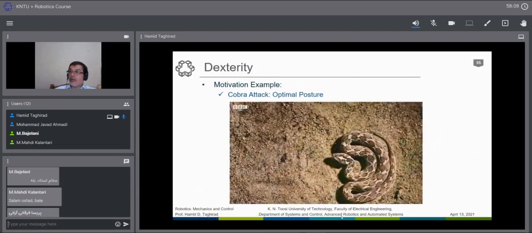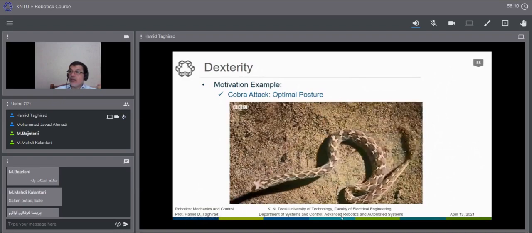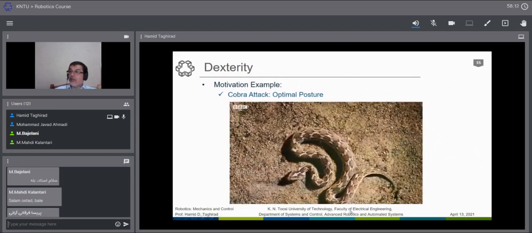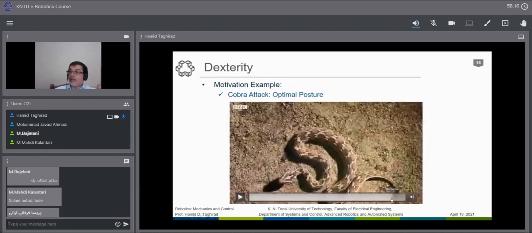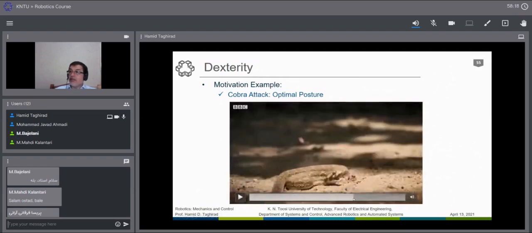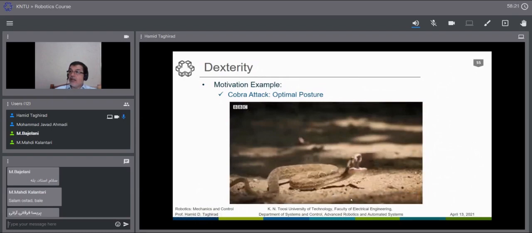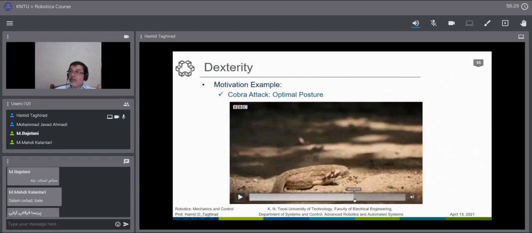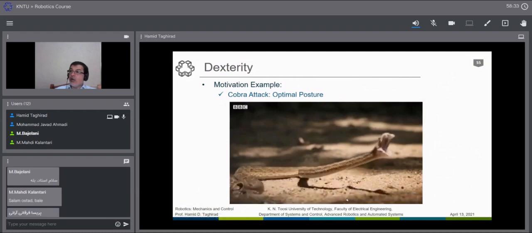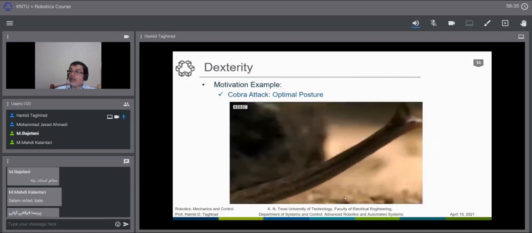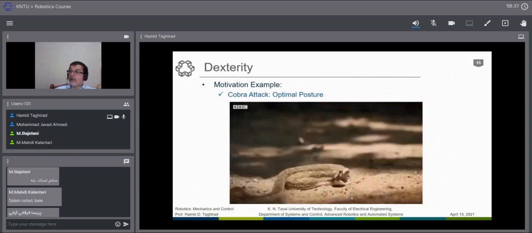Look at the top version here. It is unbelievable, the speed that it can have. Look, it uses all the actuators here to have very, very fast speed. The speed is reduced in here to see, wow, how it can happen.